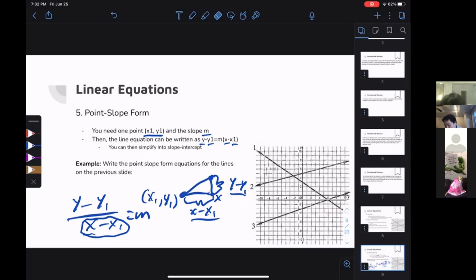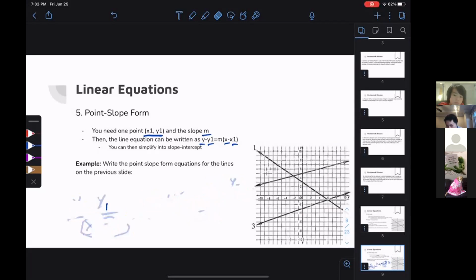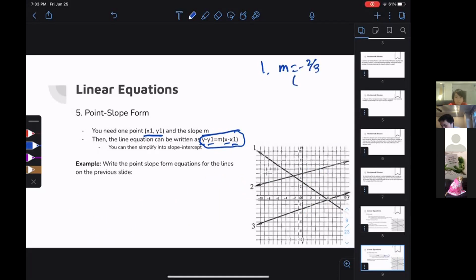So then, given that, I want you to also find the point-slope forms of these equations, and please leave it in this form here. I know that you can simplify it, but don't move the y1 to the right side of the equation. Just leave it in this raw form. For 1, as we found, the slope is -2/3, and it contains the point (6, -1). For 2, the slope is 1/4, and it contains the point, I'll just go with the y-intercept (0, 5).